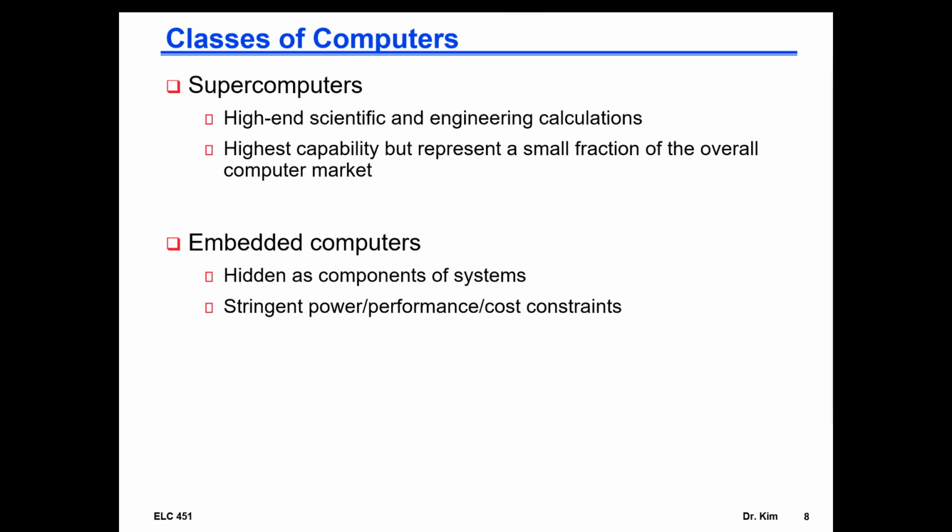And there are a lot of other embedded computers that are everywhere. So essentially, if you have a processor and you are not a server, a supercomputer, or a laptop, or a desktop, you are an embedded computer.